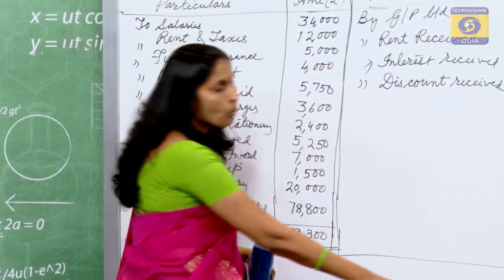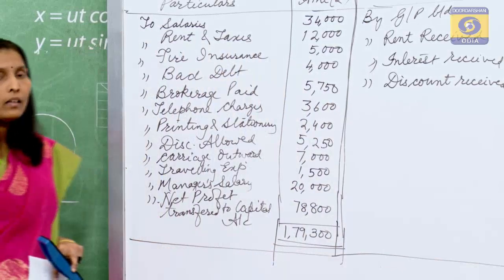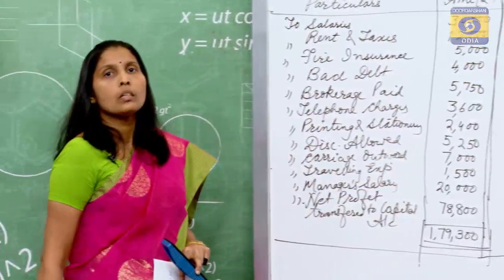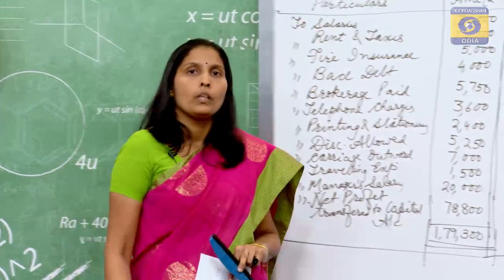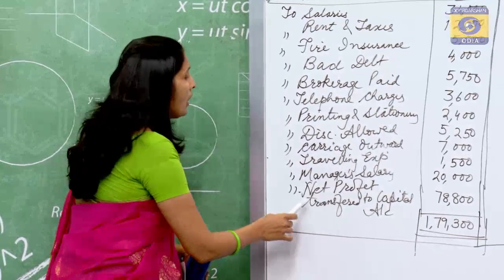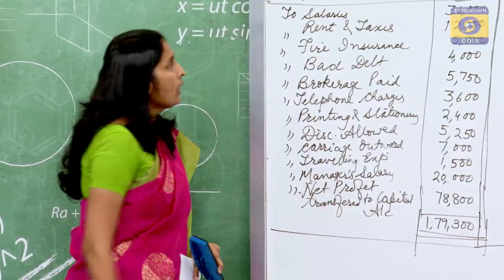The credit side total came to 1,79,300, and then we did the totaling for the debit side. The debit side total came to 1,05,000. Here in this case our credit side is heavier, so there is a net profit, and this net profit is transferred to the capital account.